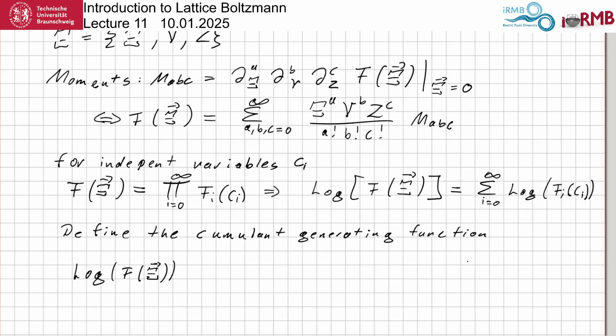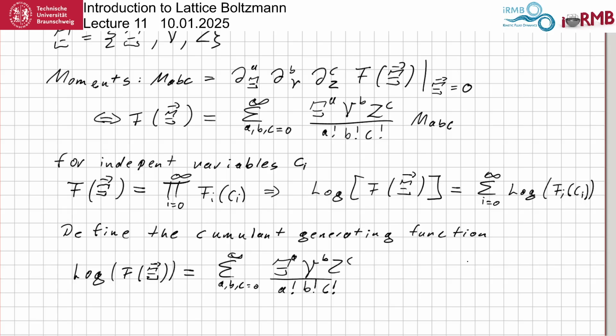Yeah, the logarithm of the moment generating function, and this can be written as the sum over a, b, and c from 0 to infinity of xi to the power of a, epsilon to the power of b, zeta to the power of c, over a factorial b factorial c factorial.